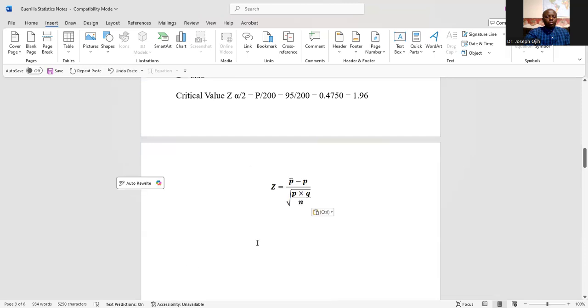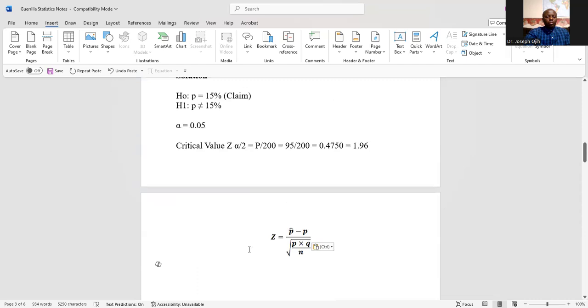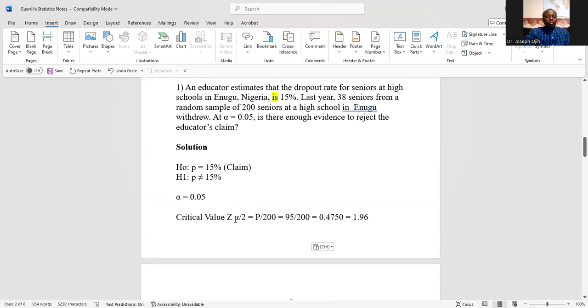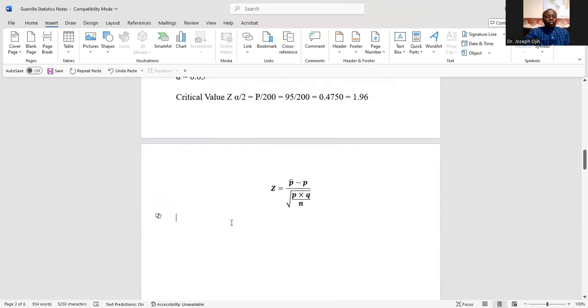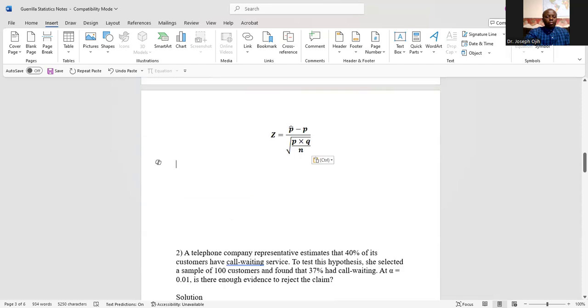So let's get our values. P equals 15%, which is 0.15.